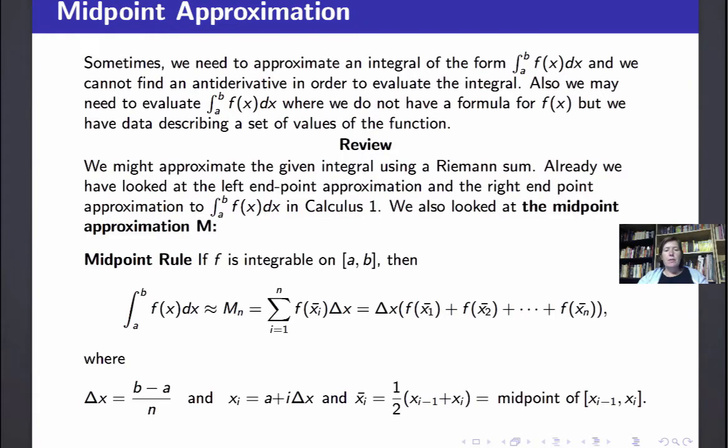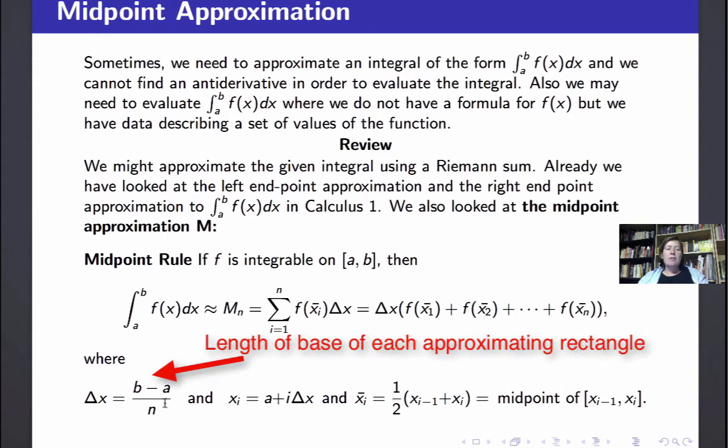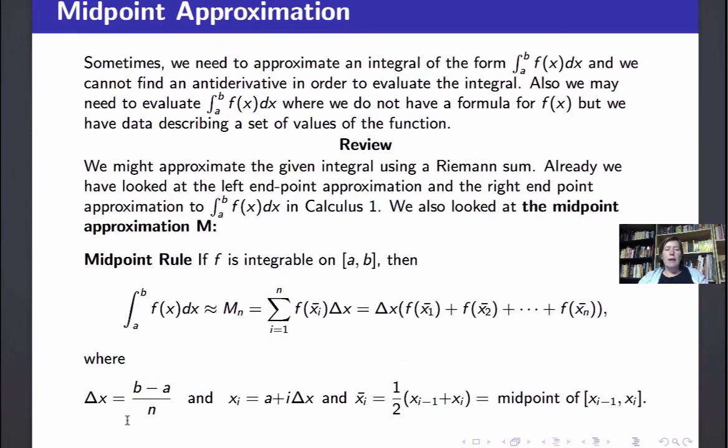Well, let's review the formula we had for the midpoint rule in Calculus 1. If we're trying to get the midpoint approximation to the definite integral from a to b of f of x dx, then we first split our interval from a to b into n equal parts, where n is the number of approximating rectangles, and the base of each has length delta x, which is b minus a over n.